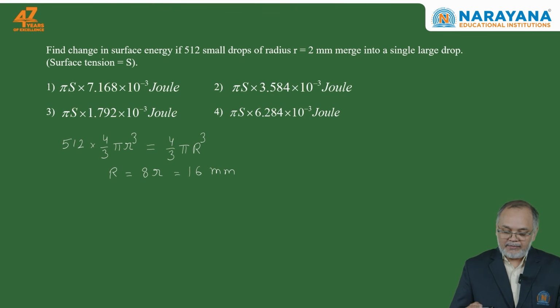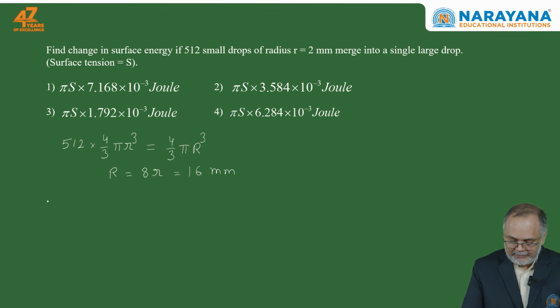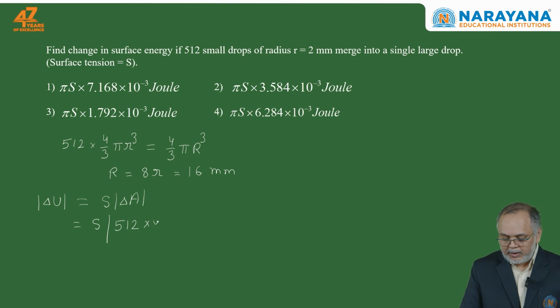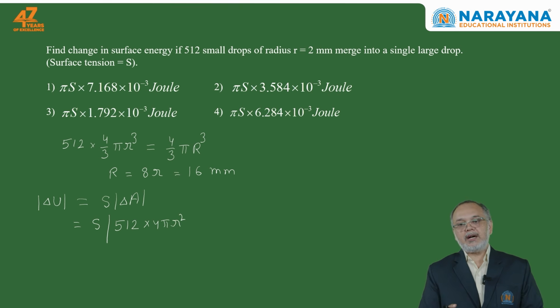Now what we have to find is the change in surface energy. So change in surface energy, we can write delta U. We have to calculate the magnitude only. So I can write delta U mod is equal to S, surface tension, into change in surface area delta A. So we can write S into 512 into 4 pi small r square is the initial surface area of the system.